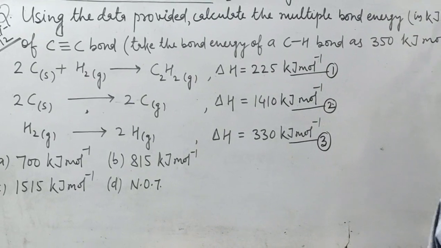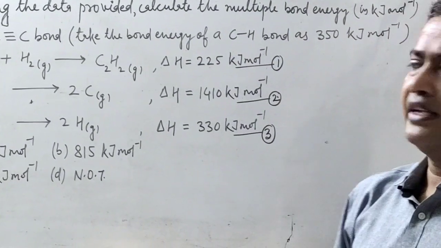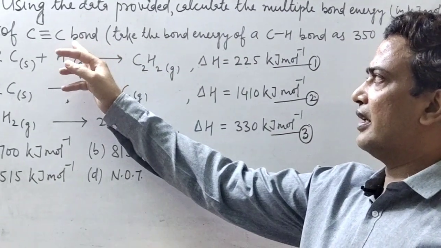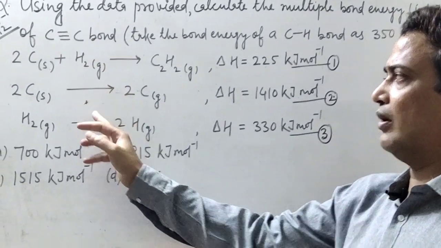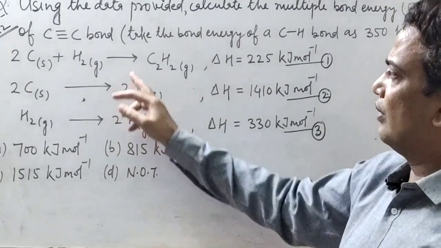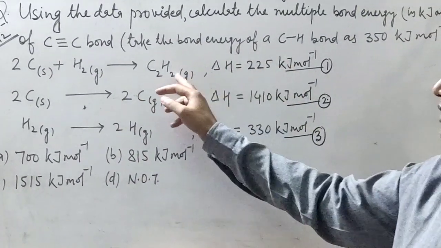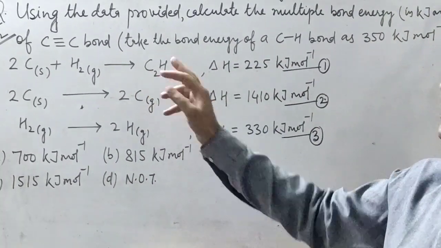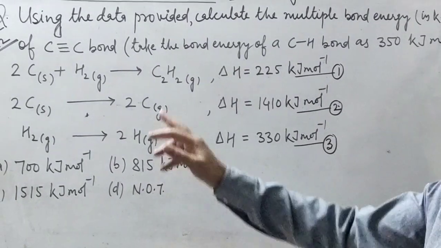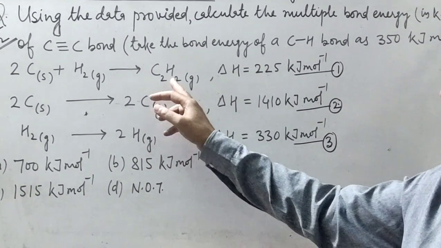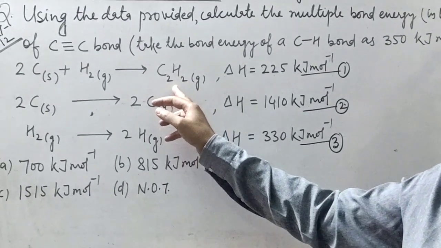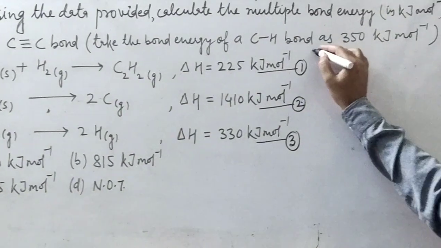We have to find out the bond enthalpy of C triple bond C. For that, we have to break this bond, and your first work is to find out C triple bond C in the given reactions. As you can observe, in reaction 1, C2H2 contains C triple bond C. So we have to write the reaction for the cleavage of C triple bond C from ethyne molecule. So how to solve this question?